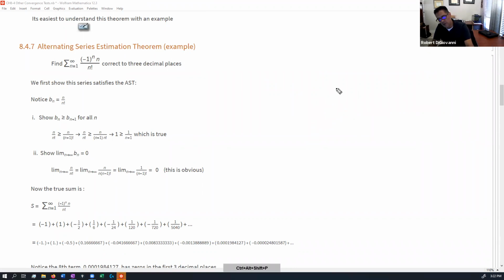So let's say we want to look at the sum from n equals 1 to infinity of (-1)^n times n over n factorial, and we want to find that sum correct to 3 decimal places.